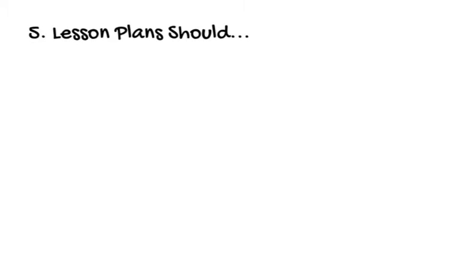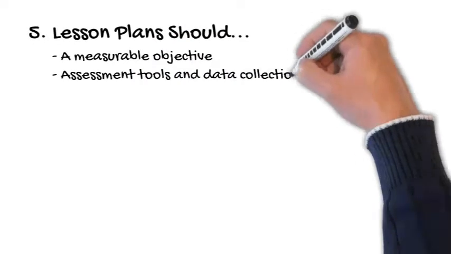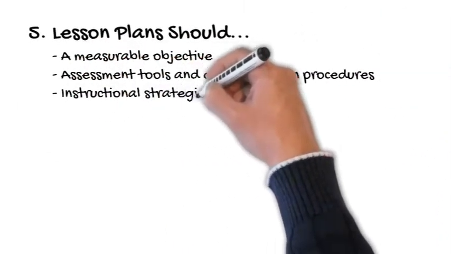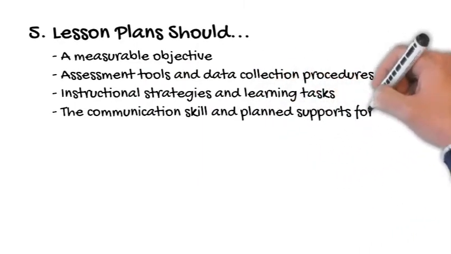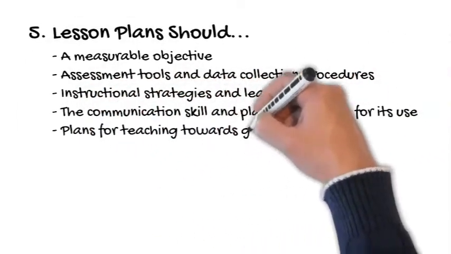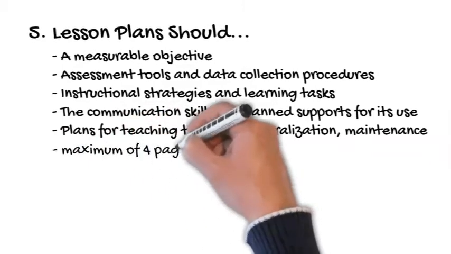Every lesson plan requires a measurable objective, assessment tools and data collection procedures, instructional strategies and learning tasks, the communication skill and plan supports for its use, plans for teaching towards generalization, maintenance, and/or self-directed use of knowledge and skills. Be a maximum of 4 pages in length.